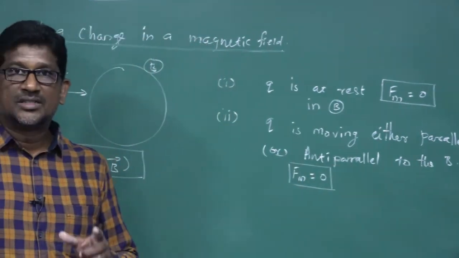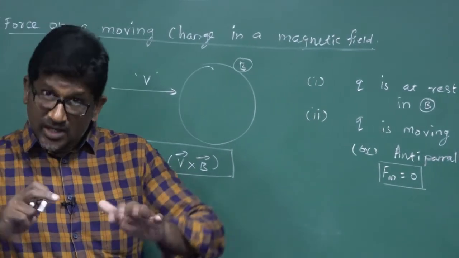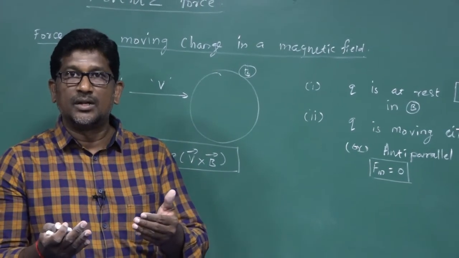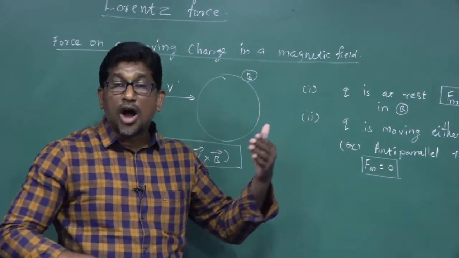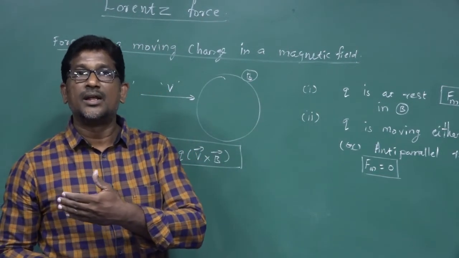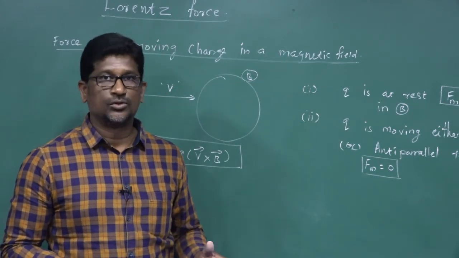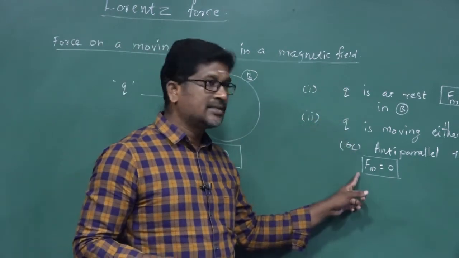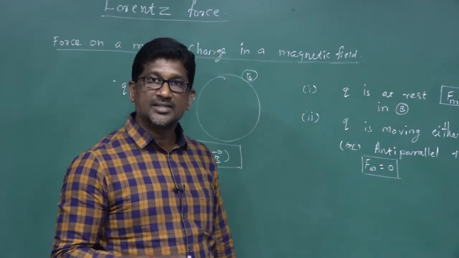So if the charged particle is at rest, or even moving inside the magnetic field, either along the direction of the magnetic field or opposite to it, the magnetic force experienced by the charged particle is 0. In both cases, the magnetic force acting on the charged particle is 0.